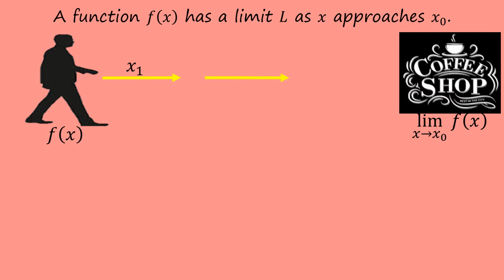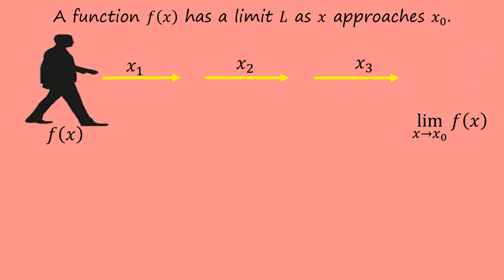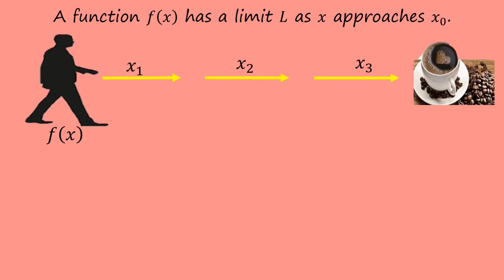The next step, let's call it x2, is much closer to the coffee shop than x1. Then x3 is closer to the coffee shop than x2, and it continues like that. Eventually, you get to the coffee shop, you order the coffee, and you are given the coffee. Once you are given the coffee, definitely you will be excited. This coffee is the limit itself.